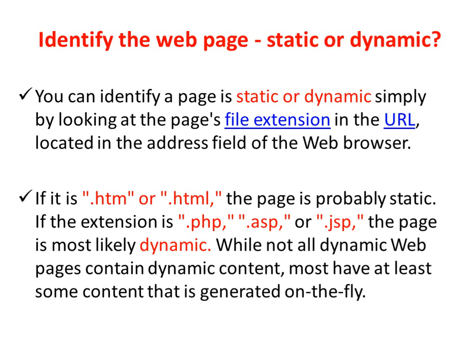Then how to identify whether a web page is static or dynamic. You can identify a page as static or dynamic simply by looking at the page's file extension in the URL located in the address field of the web browser.